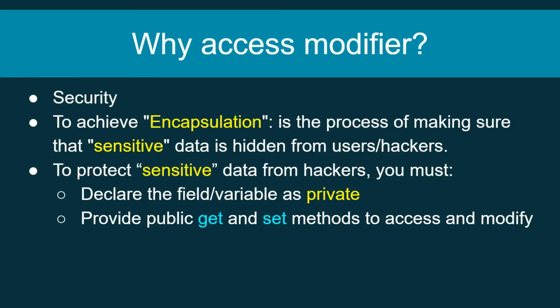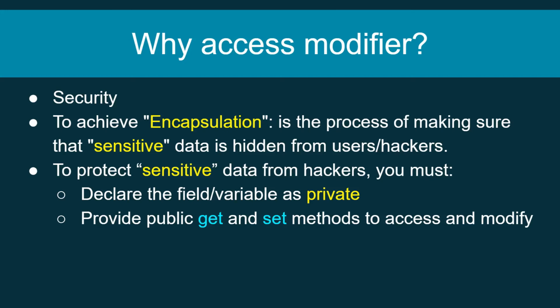You saw examples of access modifiers. So why access modifiers? It is for security reasons and to achieve encapsulation. What is encapsulation? It is the process of making sure that sensitive data is hidden from users or hackers or bad users.